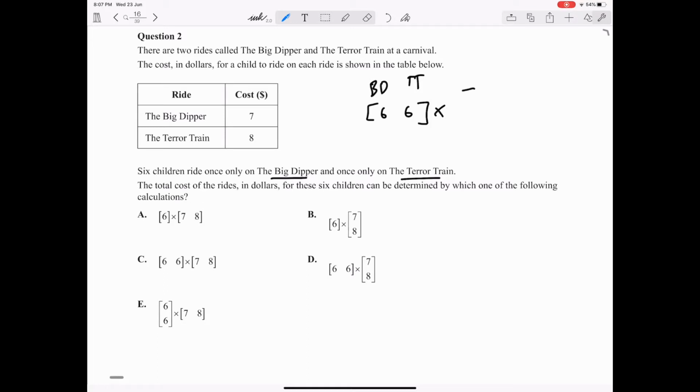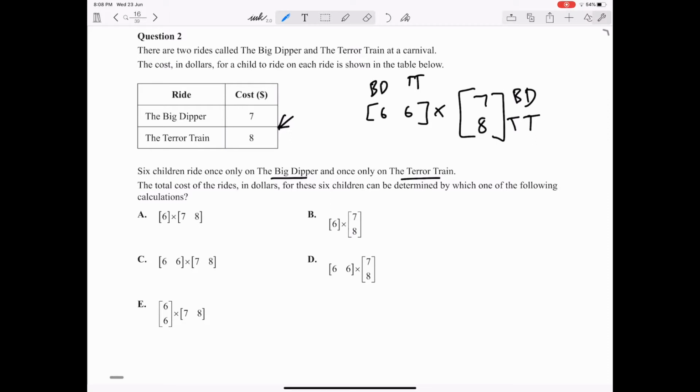So to do this question, we know that there's 6 children that ride on the Big Dipper and Terror Train. So let's just say that would be our matrix for Big Dipper and Terror Train. And the total cost would be found by multiplying a cost matrix. So we can form a cost matrix for the Big Dipper and Terror Train like that. If you multiply that, that will give you a 1-by-1 matrix that has the total cost.